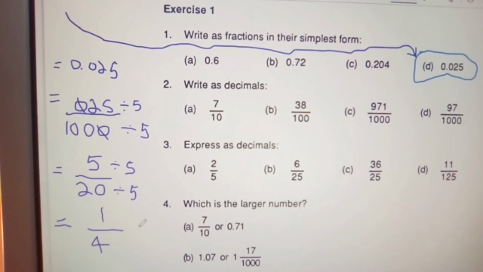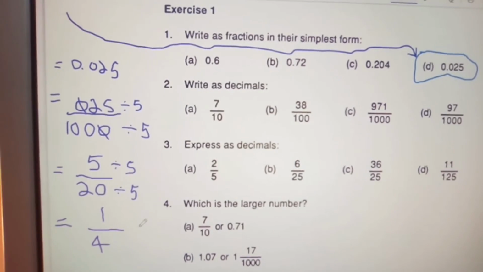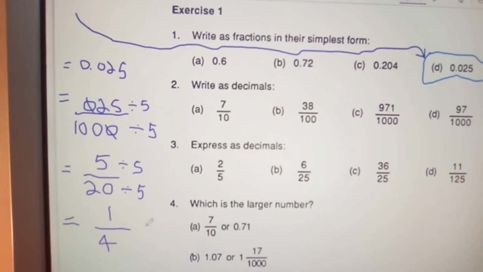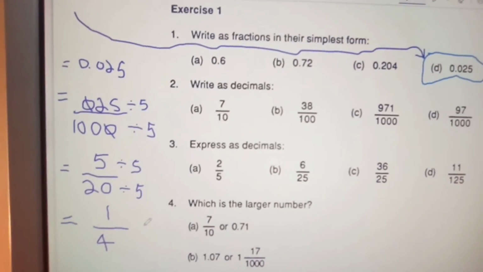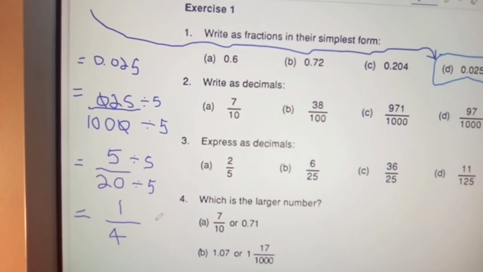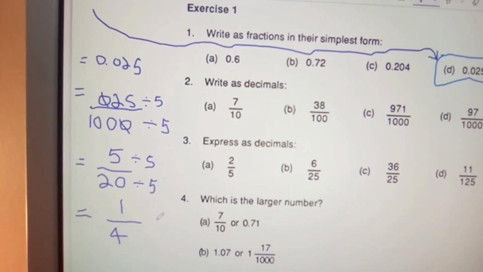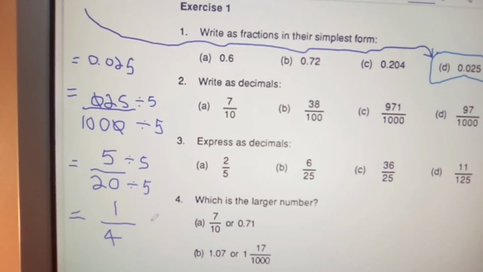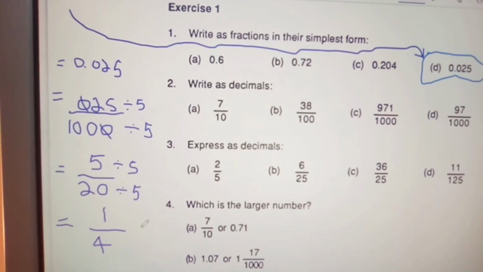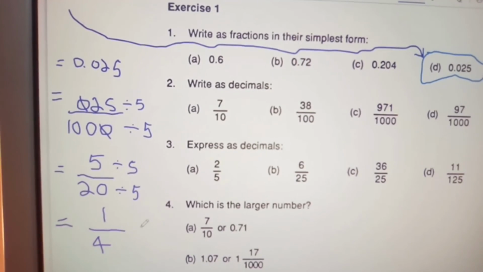So okay, I'm just trying to see if there's something else I need to have done to be sure that I'm looking at this in the correct perspective. And into its simplest form would be a quarter. Yes, I'm still going to stick with that.